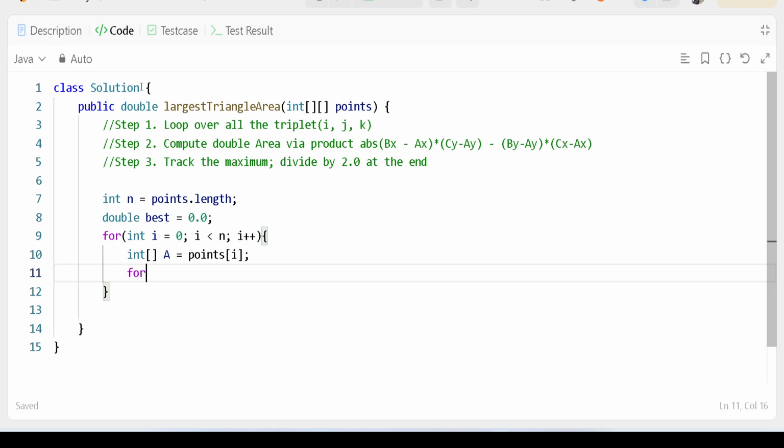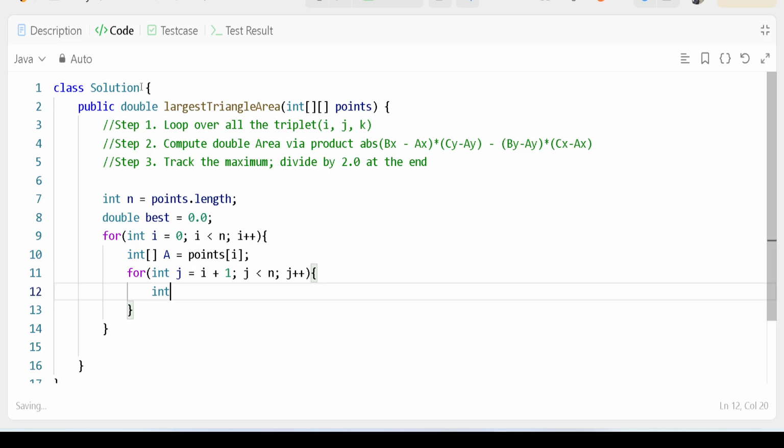Similarly we'll do for j, int j, which starts at I plus 1, and it should be less than n, with j plus plus, right? And similarly, we'll find the array B points from the points.